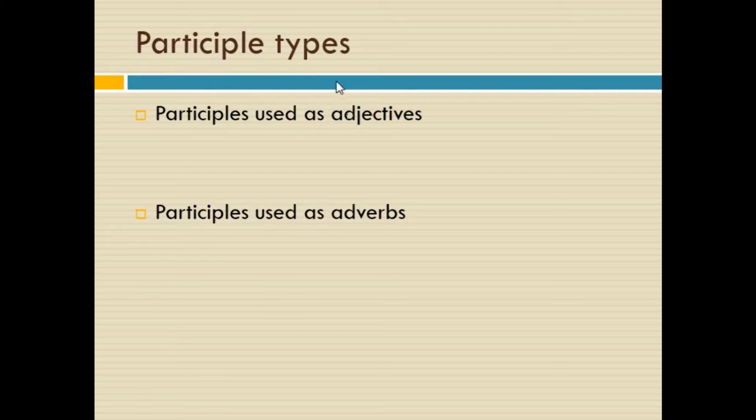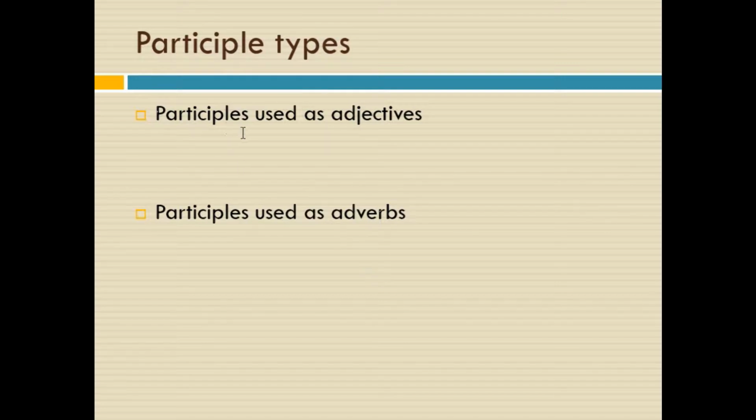Now there are many different categories of types of participles. There is what is called the present participle, the past participle, and the perfect participle, but I'll not categorize it that way. I'll simply put it in the adjective and adverb way.